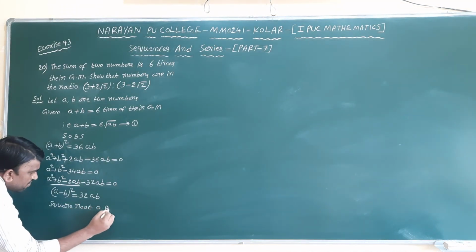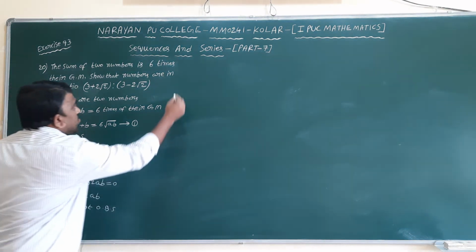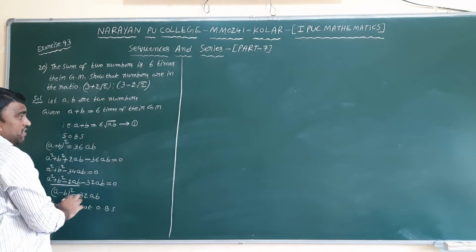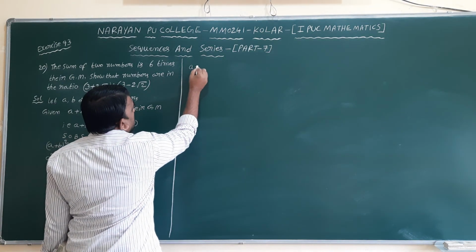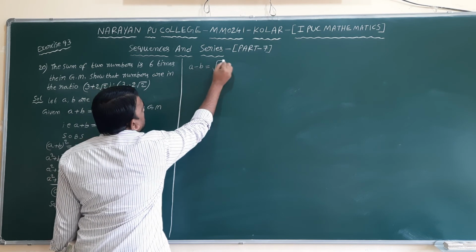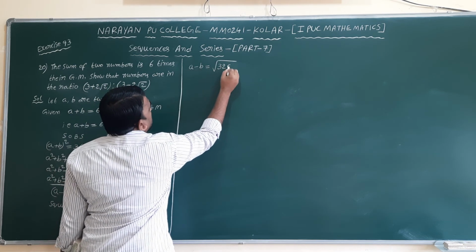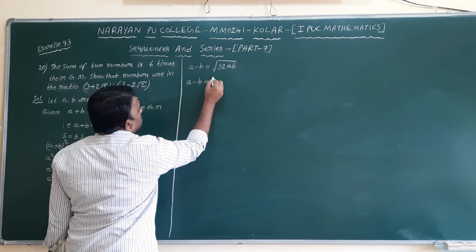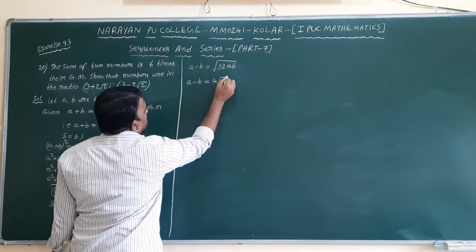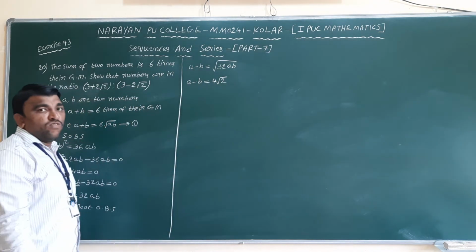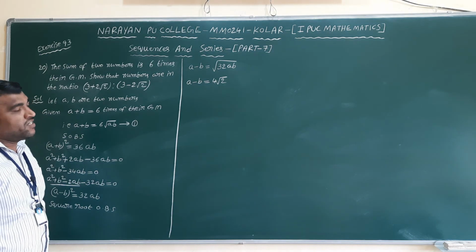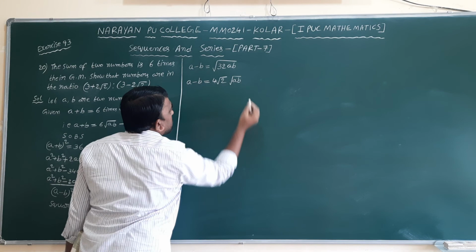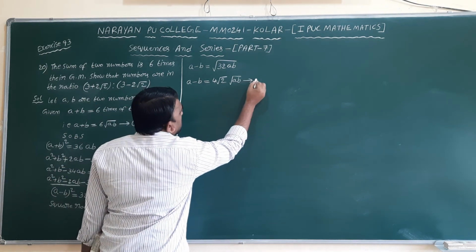On the left side the square root and the 2 cancel off. a minus b equal to square root of 32ab. a minus b equal to root 32, value 4 root 2, root ab. If you send 4 inside, 16 into 2 is 32. Now take this as equation 2.